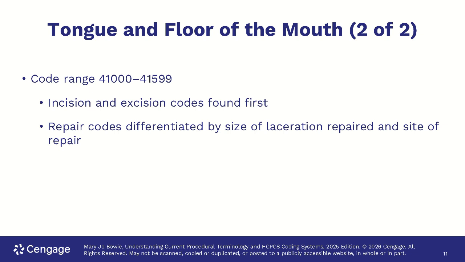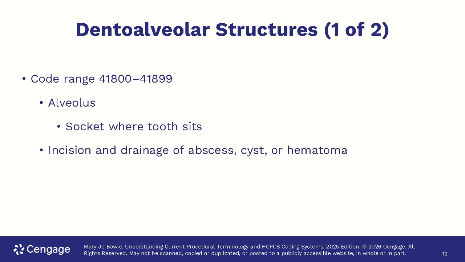These codes can be differentiated by the area of the tongue or the floor of the mouth treated. So be very careful. As it relates to repair codes, they are differentiated by the size of the laceration repaired as well as the actual site.